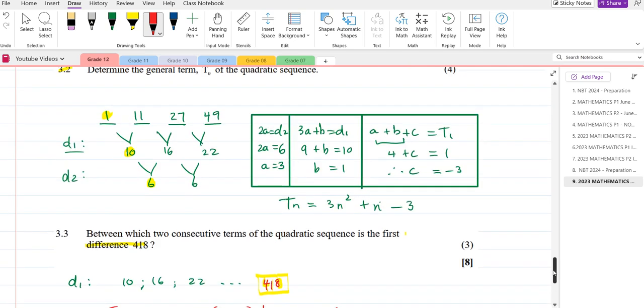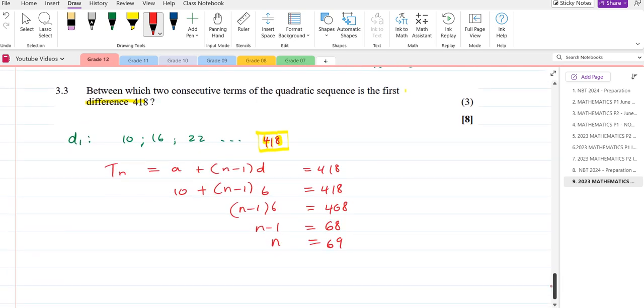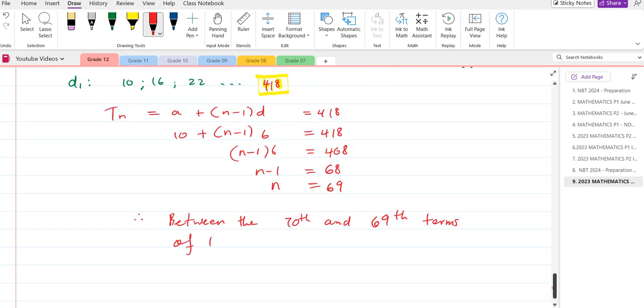Remember we need to know between which two consecutive terms of the quadratic sequence the first difference is equal to 418. So between the 70th and 69th terms of the quadratic sequence.